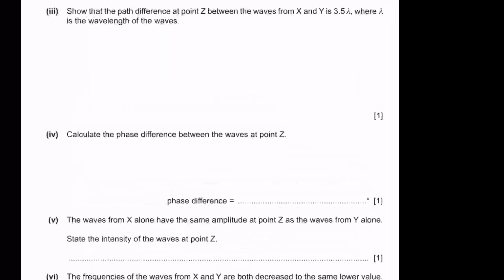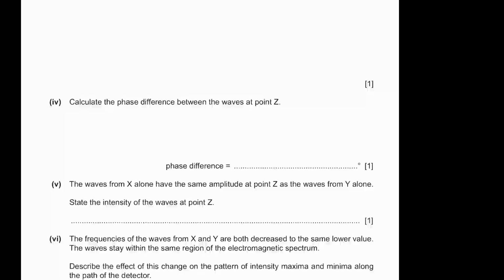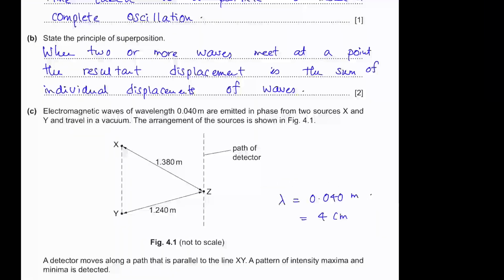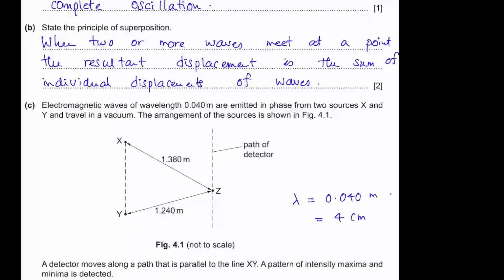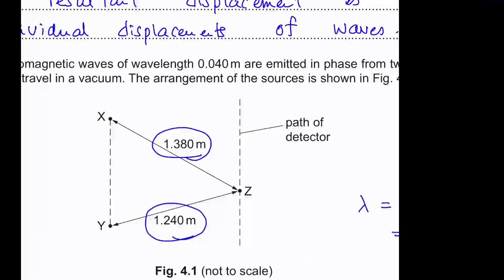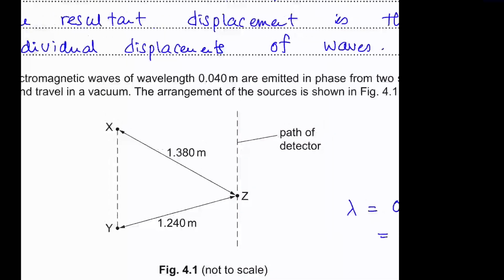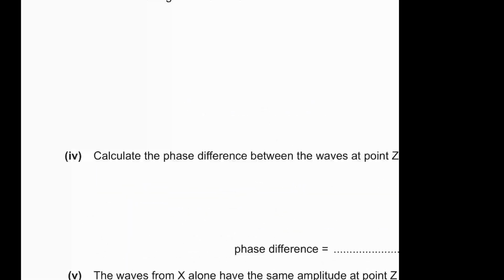Show that the path difference at point Z between the waves from X and Y is 3.5 lambda, where lambda is the wavelength of the wave. So one path is 1.38 meters, the other path is 1.240 meters. So path difference in meters will be 1.38 minus 1.24, which is 0.14 meters.